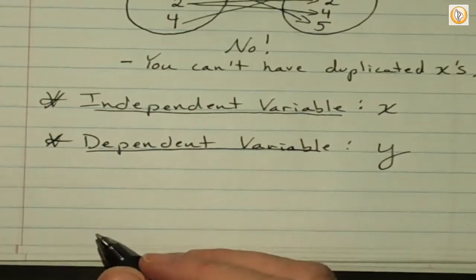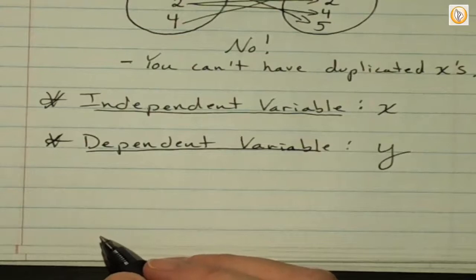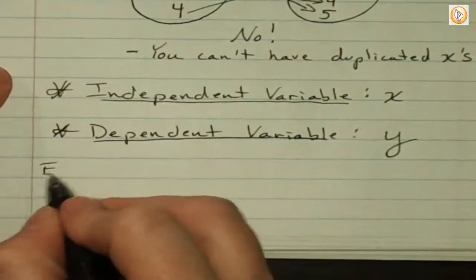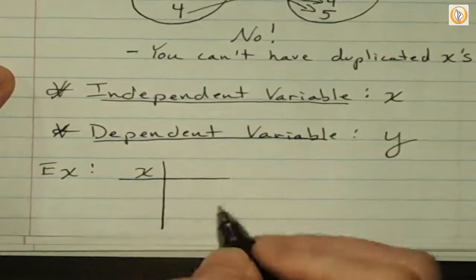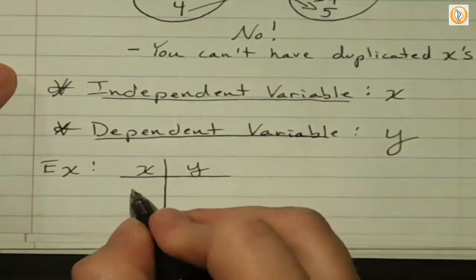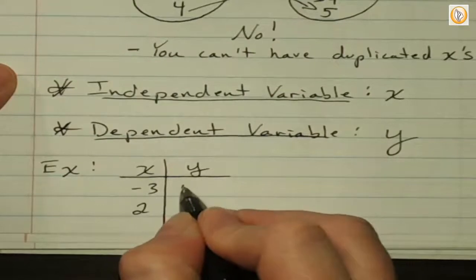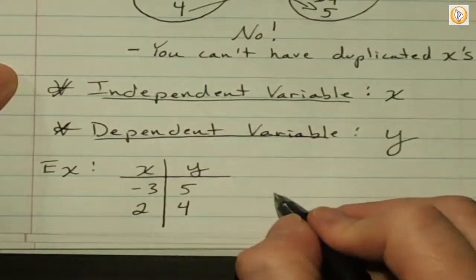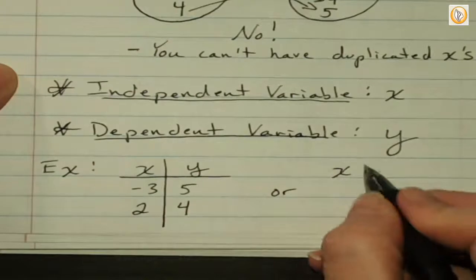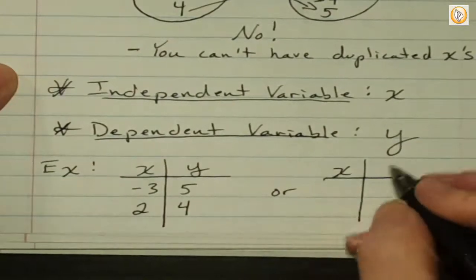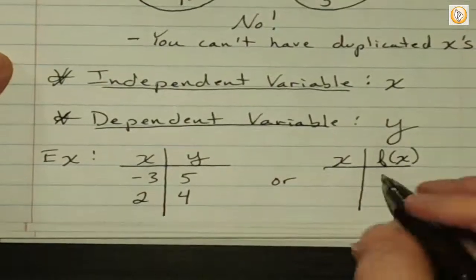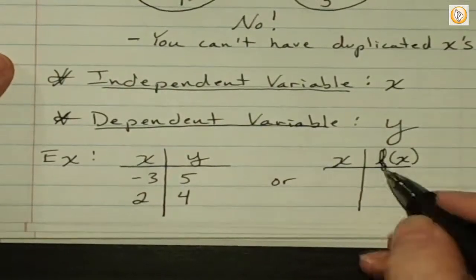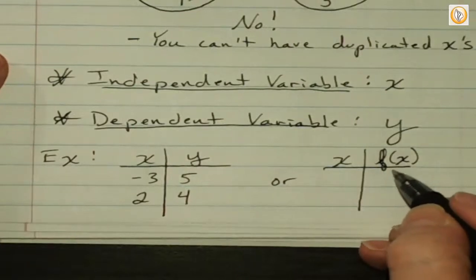You're going to see charts done this way when they mean the same exact thing. Remember f of x? That's a fancy F there. Everyone see my fancy F?